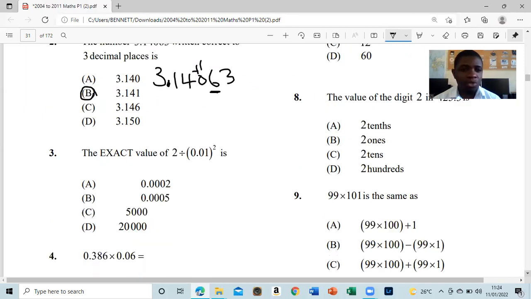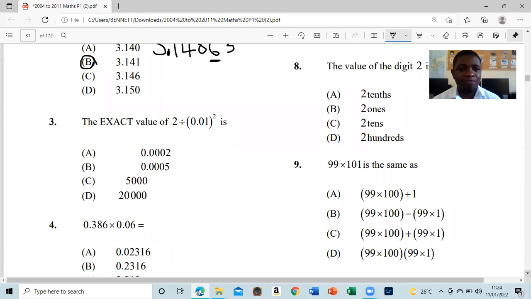All right, next we have the exact value of 2 divided by 0.01 squared. Now if you square 0.01, means multiply it by itself, right? And when we get the product, we're supposed to get 4 decimal places, right?